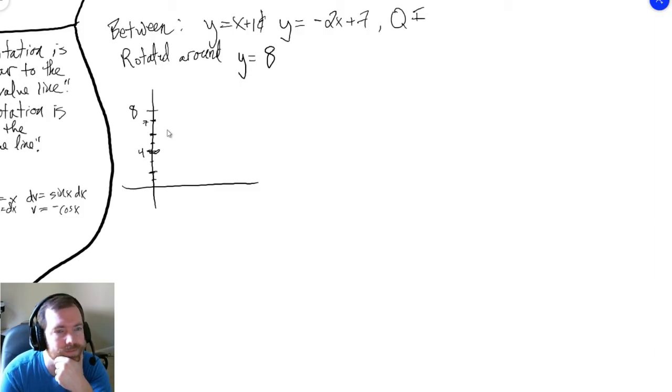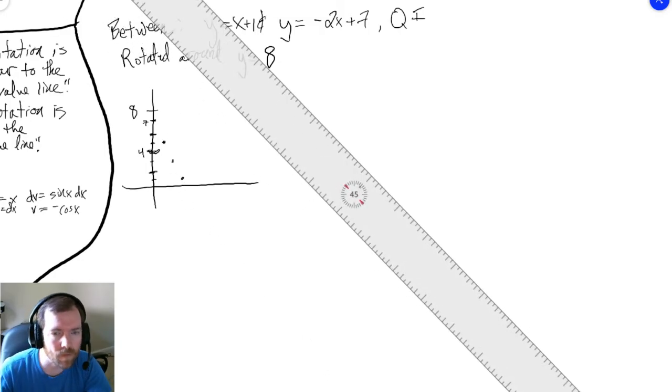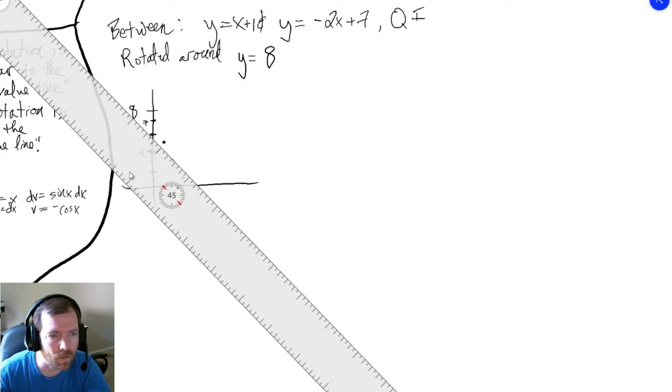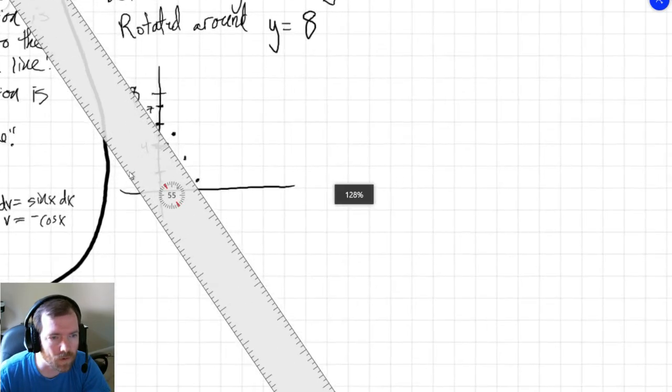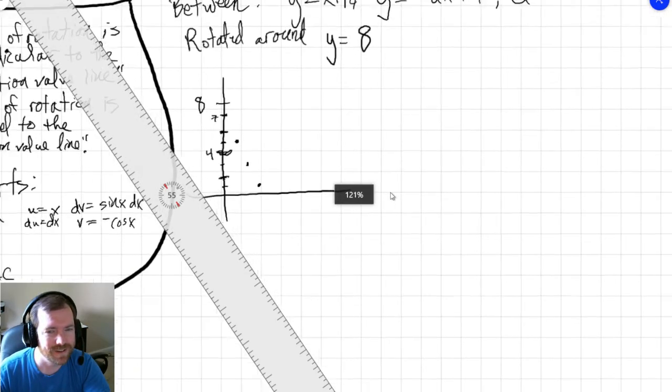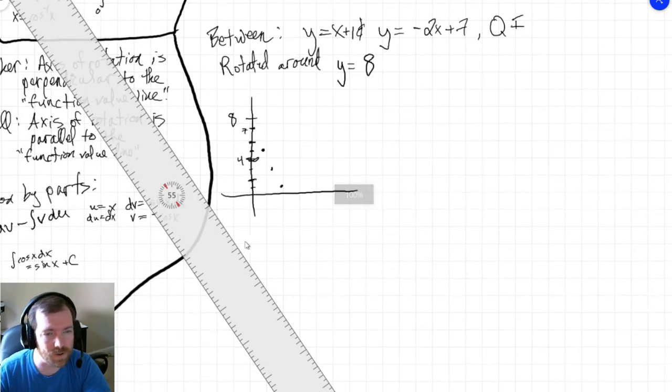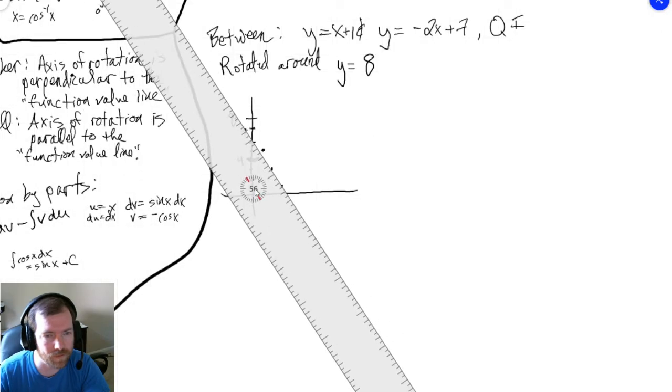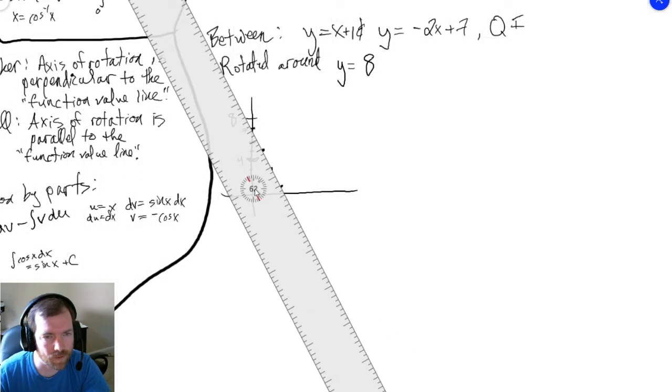Alright, y equals negative 2x plus 7 is going to go down 2 and right 1, down 2, right 1, down 2, right 1. I mean, I could use that too, but that's close.